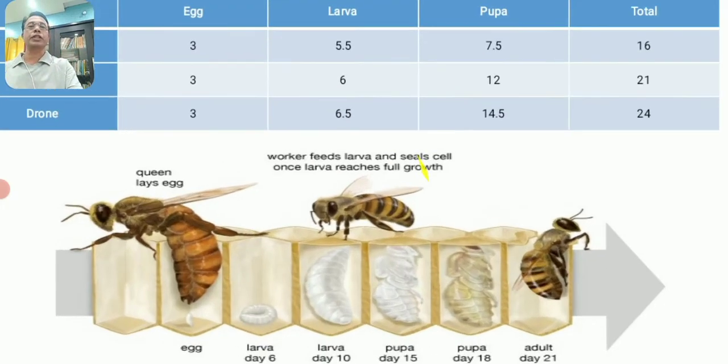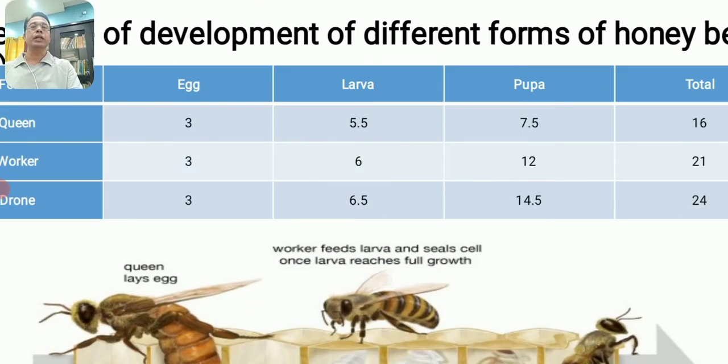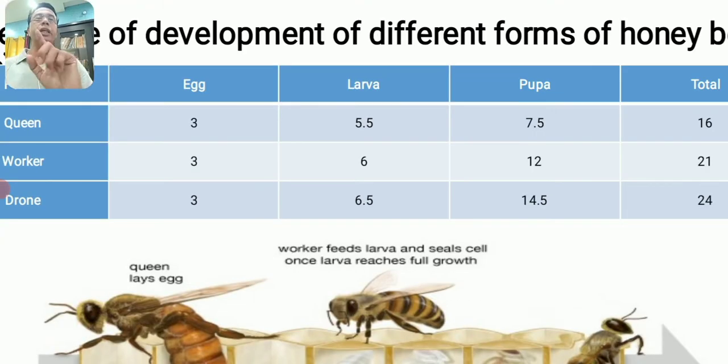This is the table which I have brought here for the complete development timetable. The queen, the worker and the drone all take 3 days for egg development, whereas the larva, queen larva 5.5 days, pupa 7.5 days, and total 16 days.